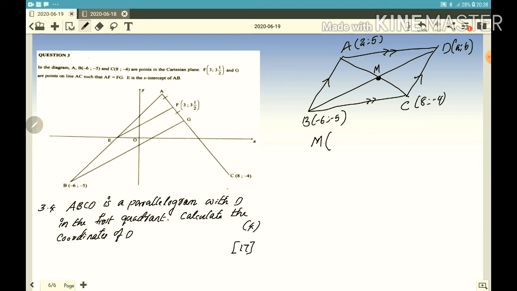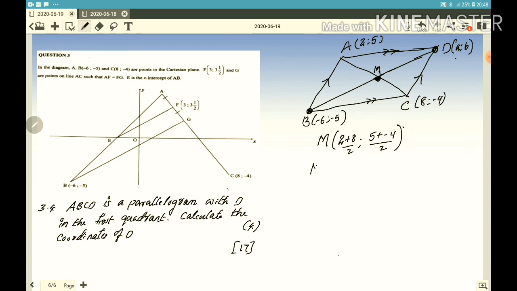So I'm first finding the coordinates of M. X value, how do you get it? X value of A and X value of C, add it and divide by 2. Midpoint formula. That is 2 plus 8 divided by 2. Y value of M, how do you get it? Y value of A, that is 5, plus Y value of C, that is minus 4, divided by 2.